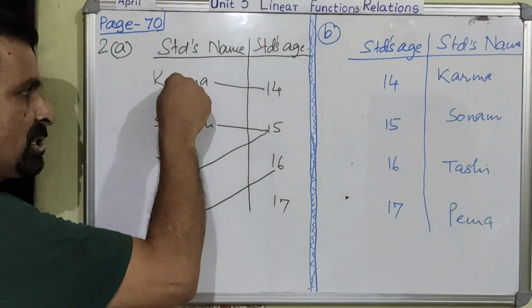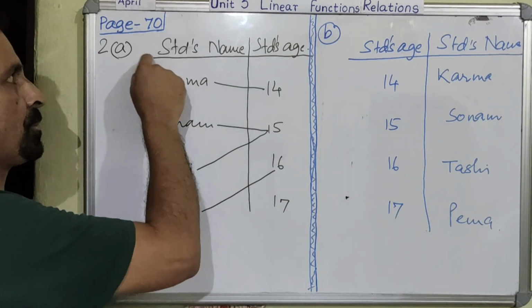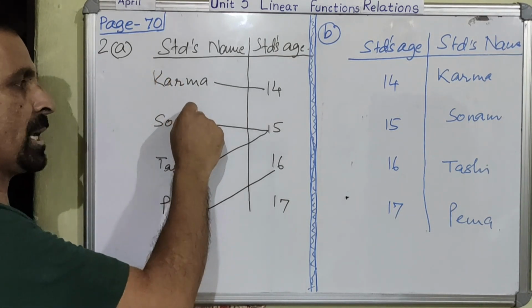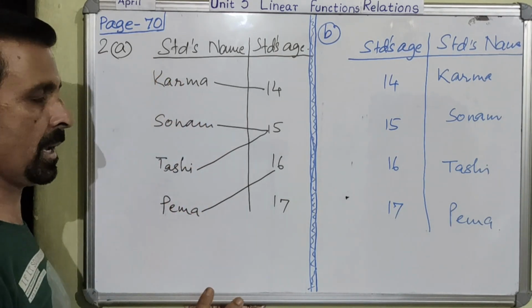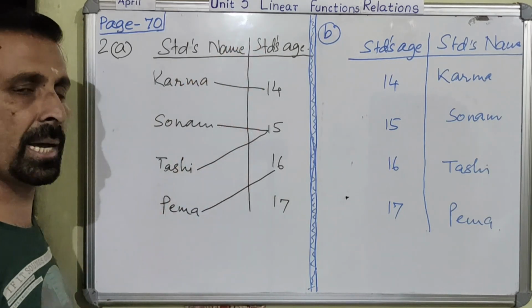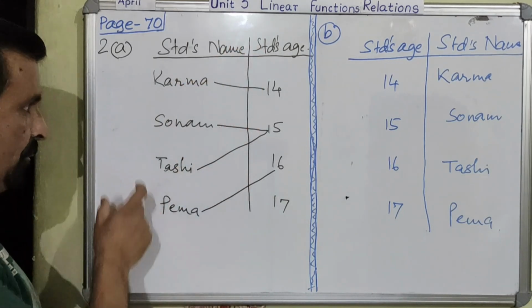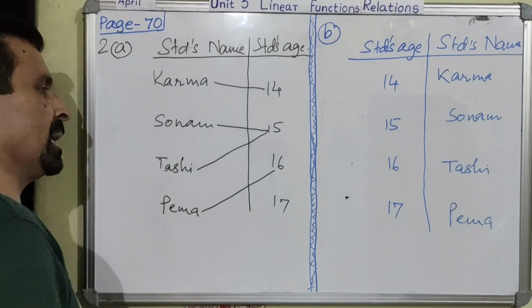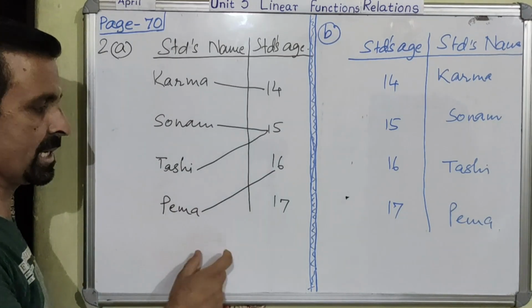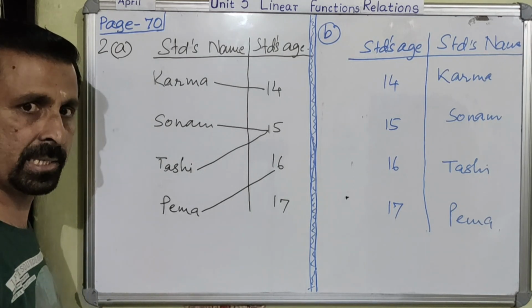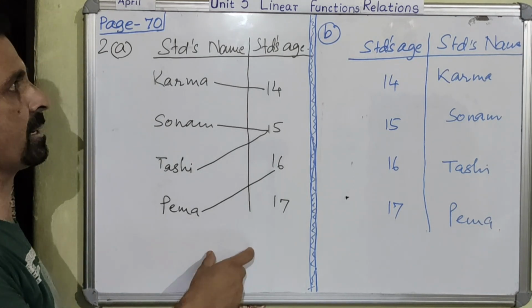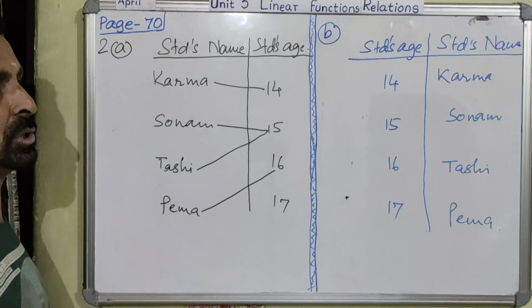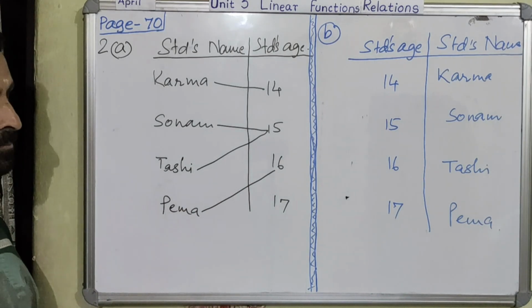So in this first part, each input has one and only one output, and therefore this relation describes a function. If I write this relation in terms of pairs, you will see that there will be no repetition in the first place, and this is the indicator that this relation gives you a function.